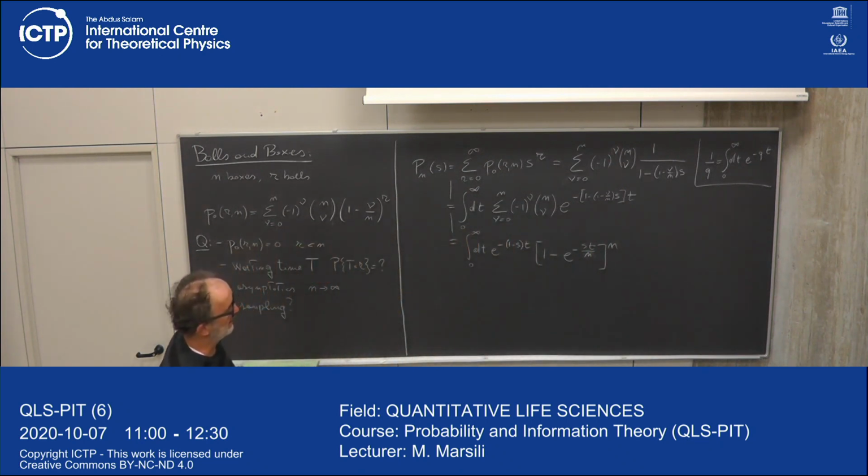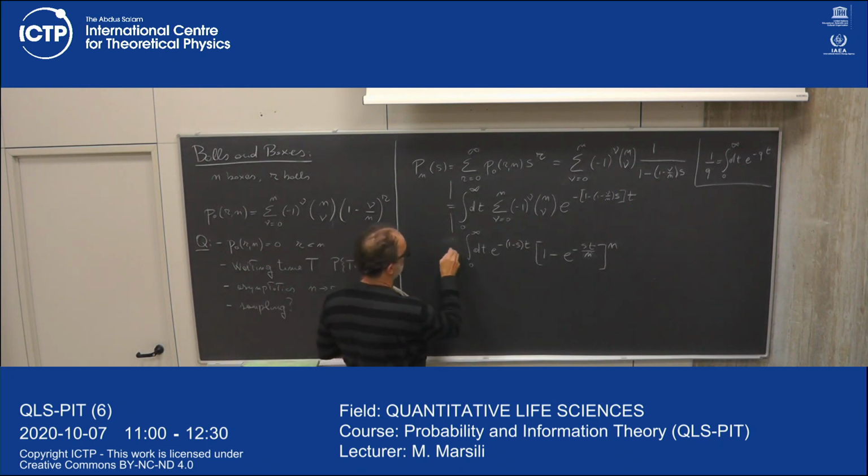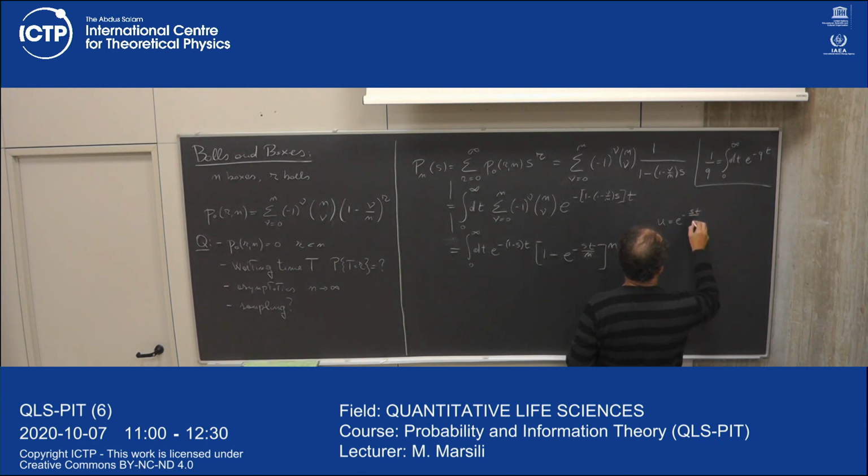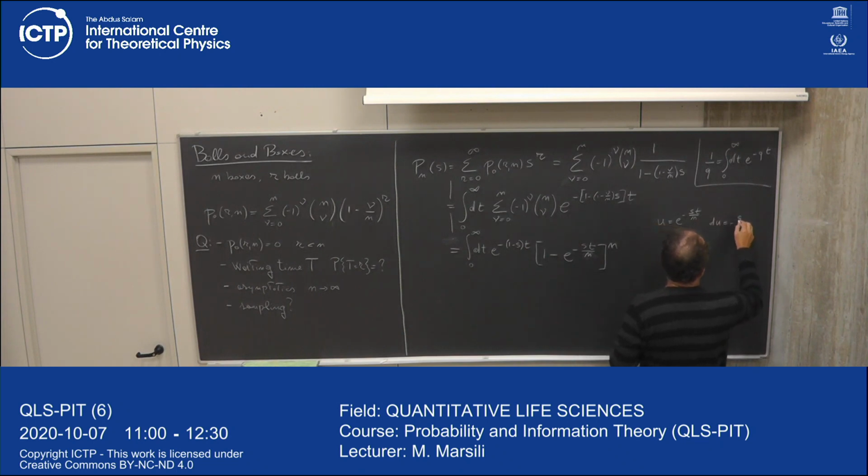Okay, so this is already a somewhat simpler expression, but we can simplify it even more. And in order to do this, we make a change of variable where u is e to the minus s times t divided by n. So essentially du is minus s over n times e to the minus st over n, which is u times dt.